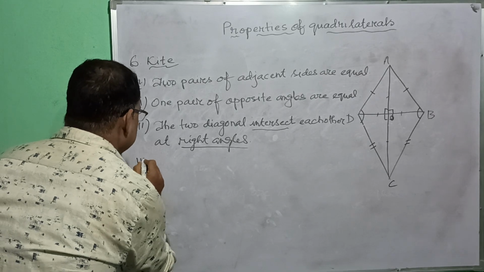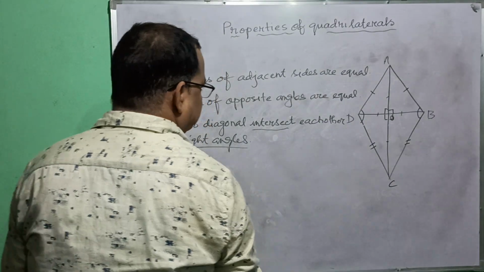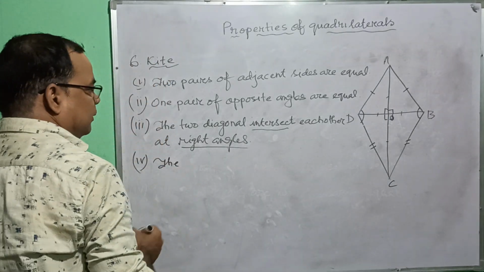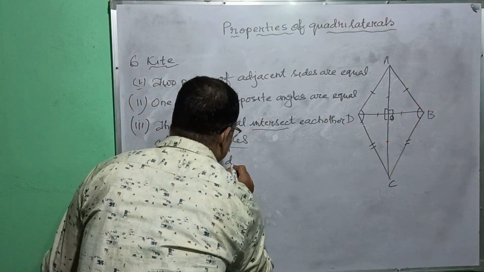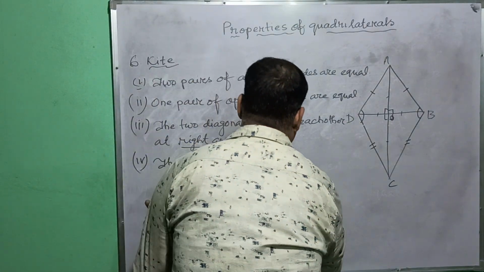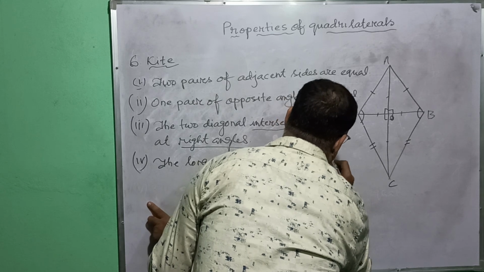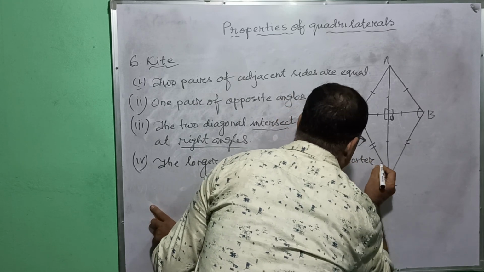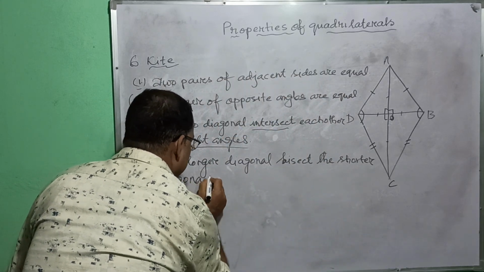In case of number 4, we can write: the longer diagonal bisects the shorter diagonal.